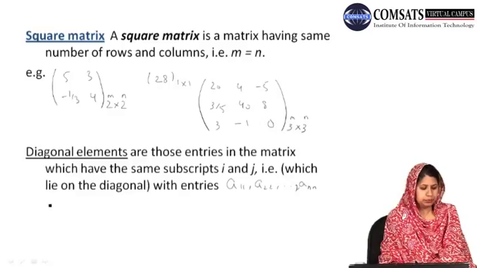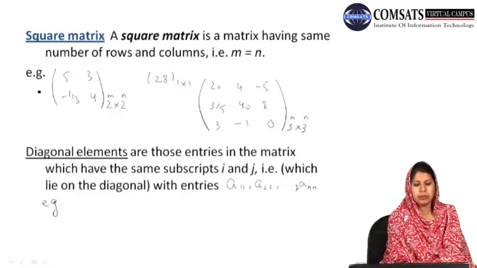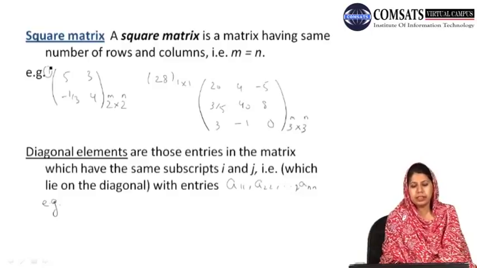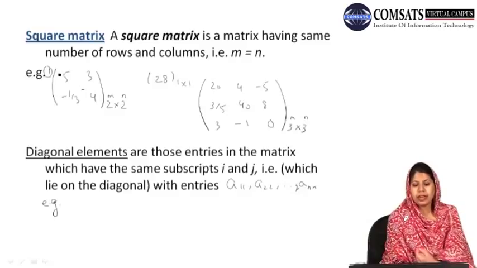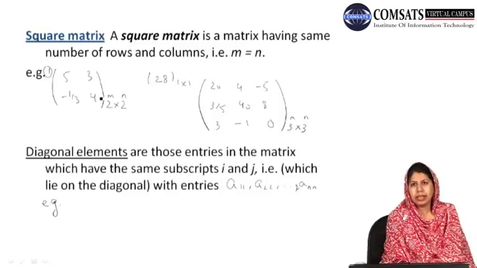For example, if we look at our first example of a square matrix, what are the diagonal elements here? We have 2 diagonal elements. The number of diagonal elements will be equal to the value of m or n.